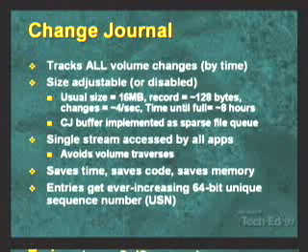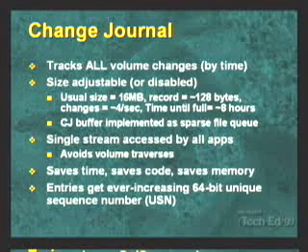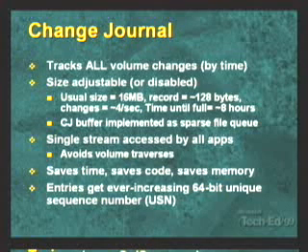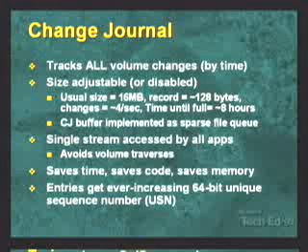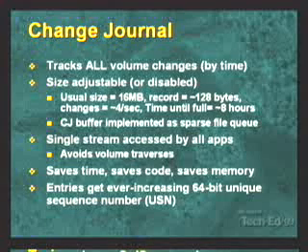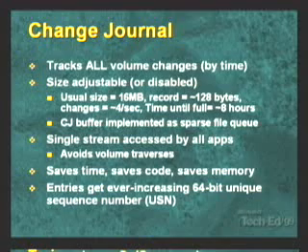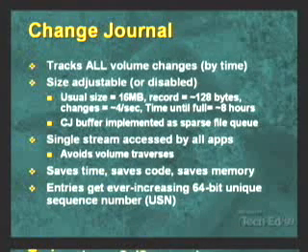The content indexing service uses the change journal. When the content indexing service starts up, it says, hey, change journal, wake me up when entries appear. So now the content indexing service goes to sleep. When it wakes up is when you have run some application that makes a change to the volume.